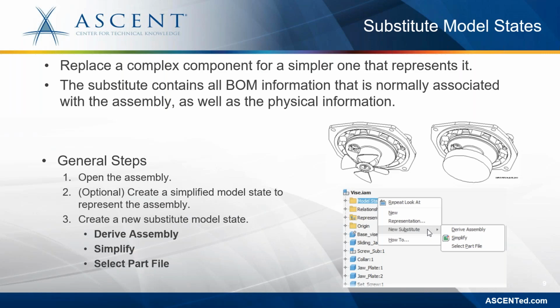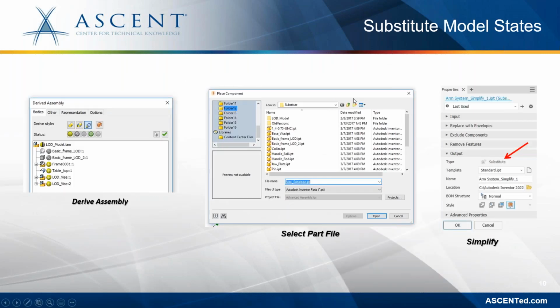You can simplify it, and that's where leveraging any created model states is really nice. So it's optional if you were using the simplify option to derive your substitute model state. And the third is just simply selecting a part file. So there's three different ways you can do this.